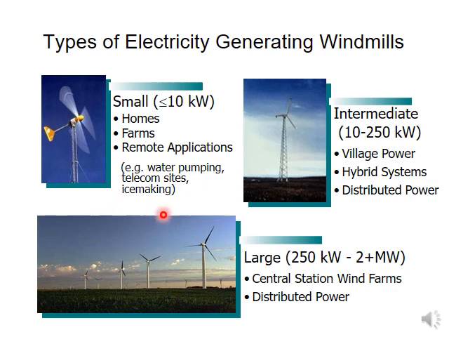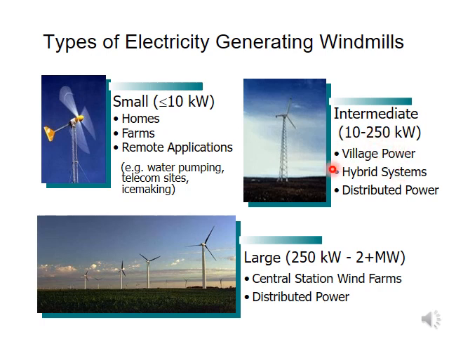Now come to the classification depending upon the size of generating units. We are classifying this windmill into three categories. One is the small size windmill, then the intermediate size windmill, then the large size windmill. Small size windmills are of less than 10 kilowatt capacity and generally used for homes, farms, and some remote applications, for example water pumping, some telecom sites, and ice making.